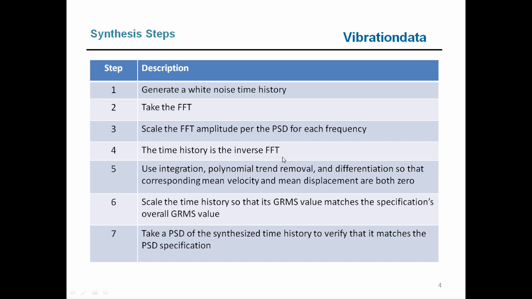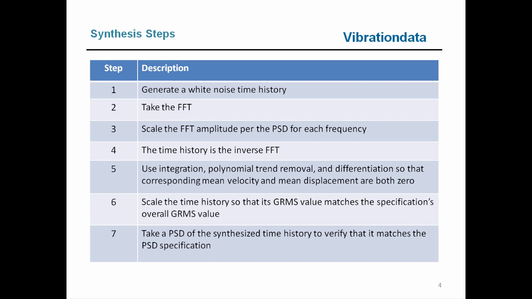Now, when we do this, our acceleration versus time signal will have a mean value of 0. But typically what happens if we integrate it to velocity, a baseline shift occurs. And then if we integrate one more time to displacement, we get a ski slope effect that occurs. And neither of those are desirable for either the shaker table test or for just doing finite element analysis.